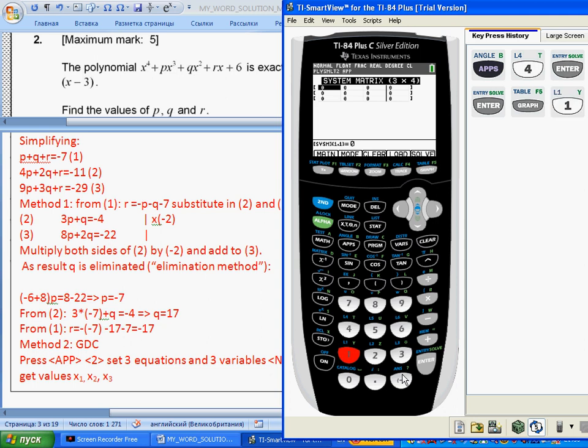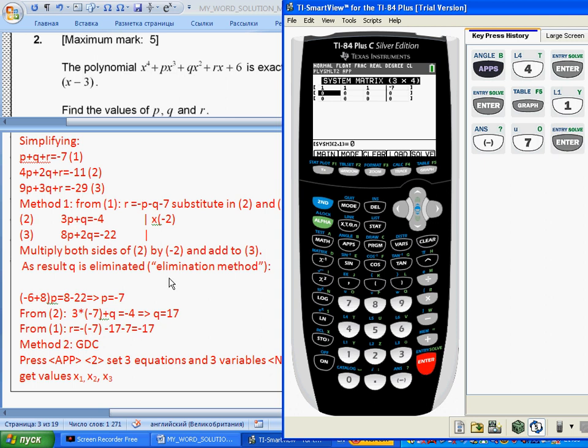So 1, enter, 1, enter, 1, enter, minus, attention, minus should be taken from here, minus, always, 7, enter, finished with the first equation.